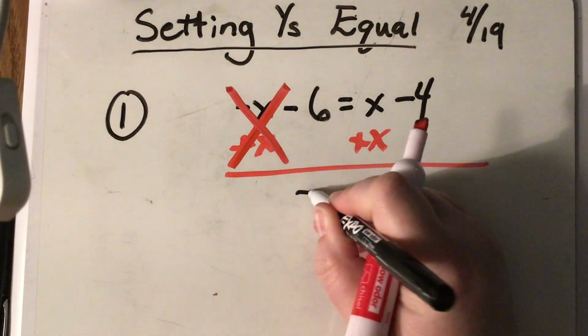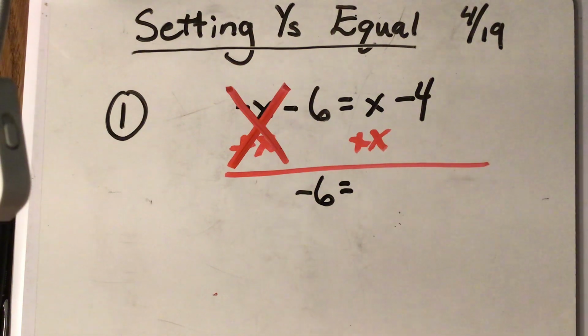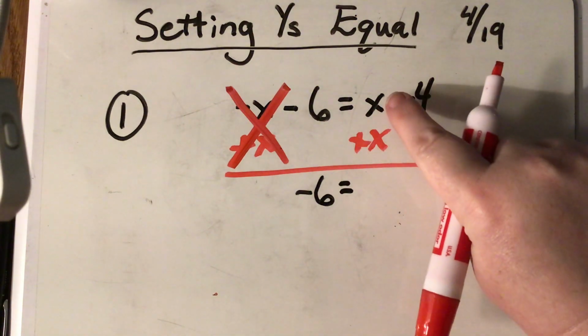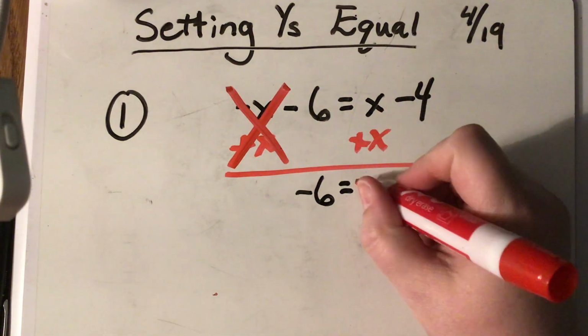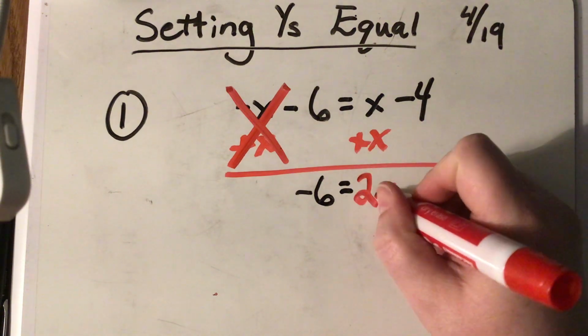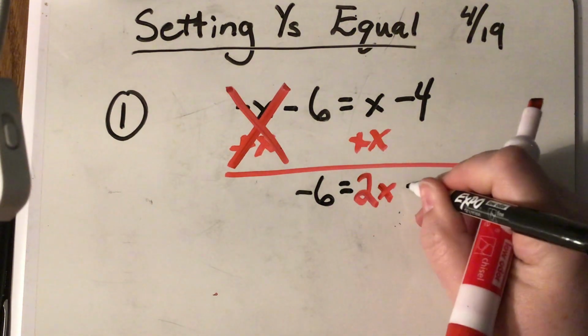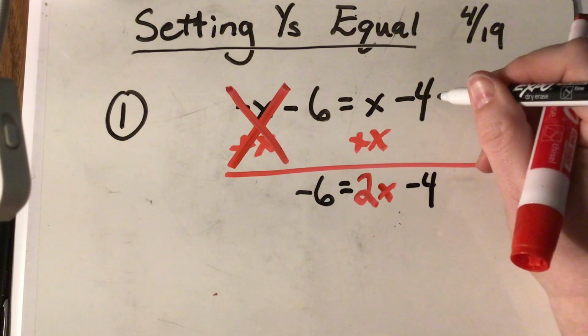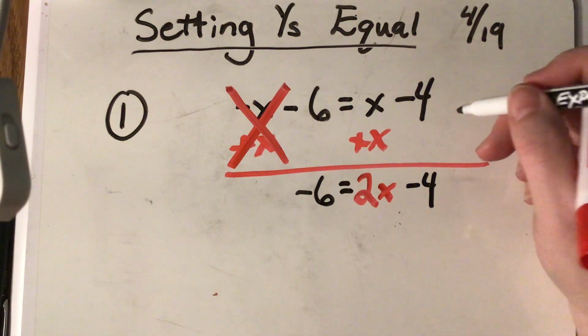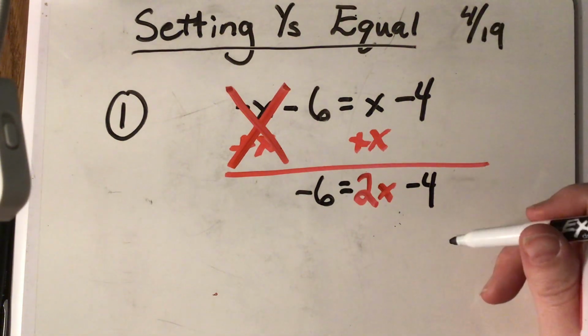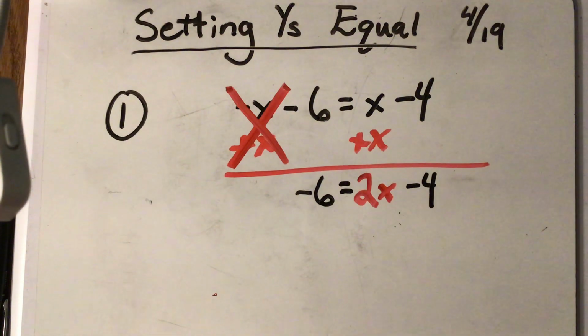Now what am I left with? I'm left with my negative 6 equals 1x plus 1x is 2x's. And then here's my minus 4 that I had right up here. When you put them all in a line like this, it's a lot easier. Okay.